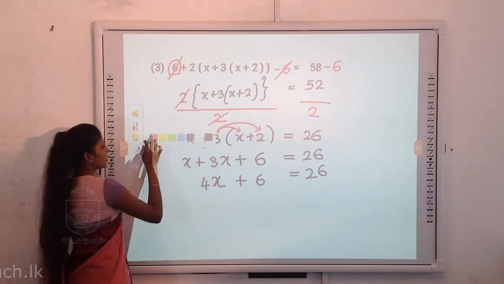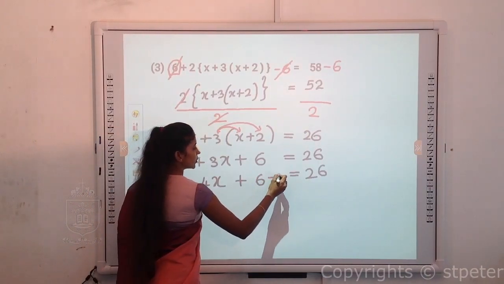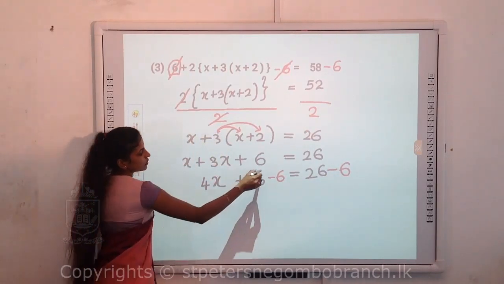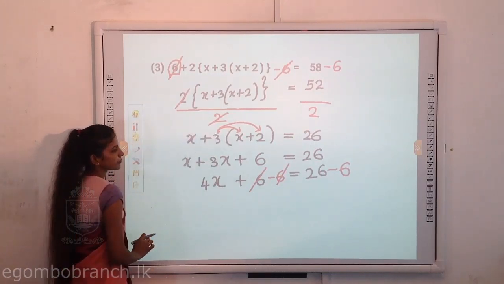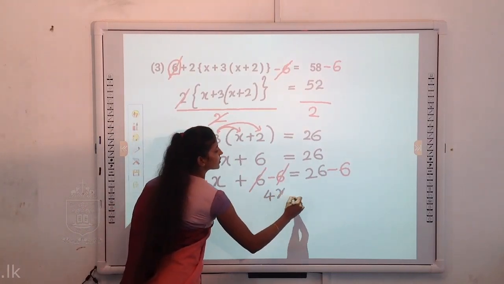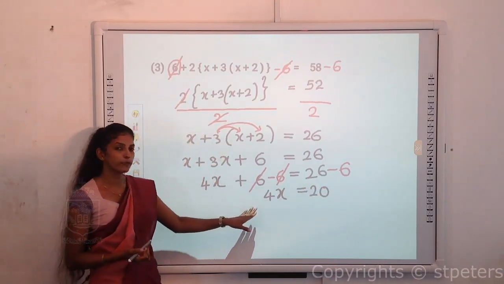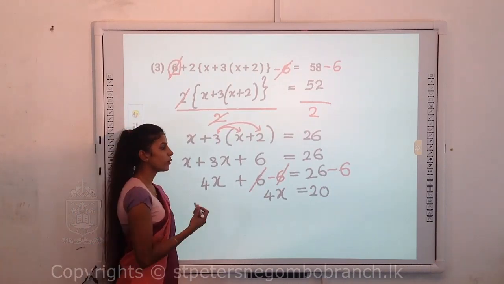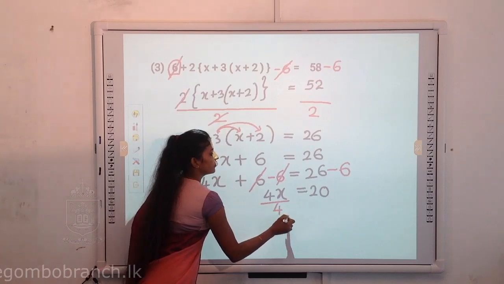Our next step is to cancel 6 from this side, so we subtract 6. The 6 cancels. So what's the answer? 4x equals 20. Then our next step is to remove this 4. This is multiplication, and the opposite of multiplication is division, so we divide by 4.